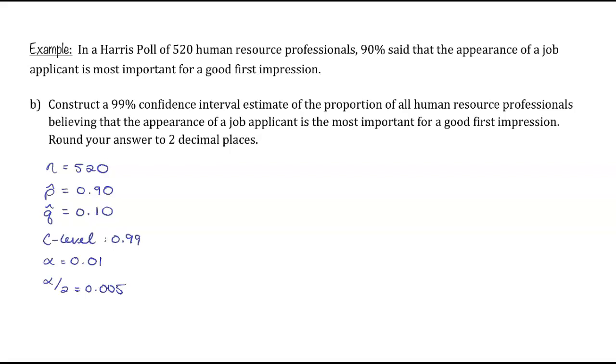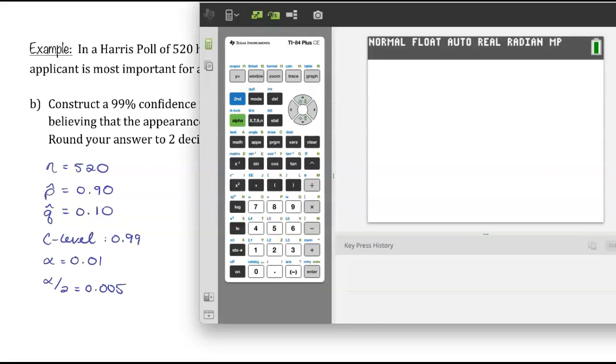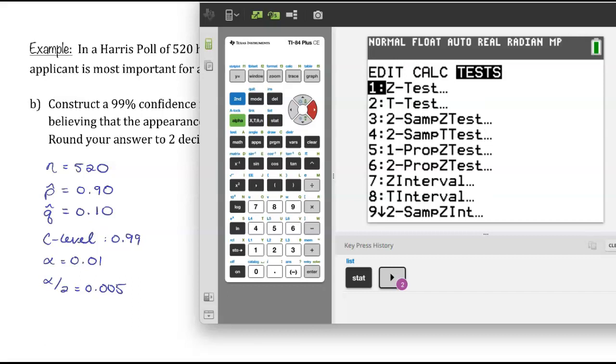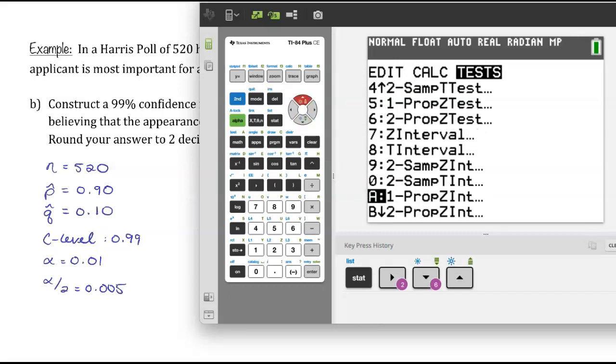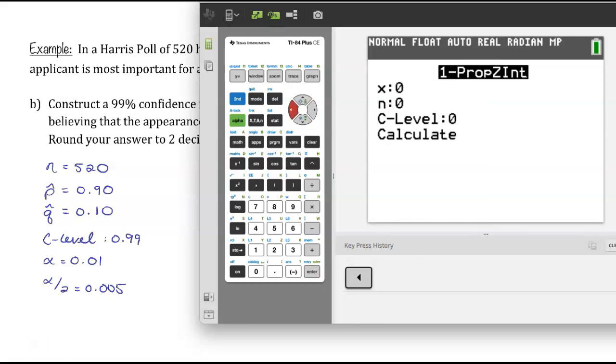This time, let's use our calculators to construct this confidence interval. To locate the 1PropZInt function, we first go into the Stat menu and toggle over to Tests. Then scroll down to option A, 1PropZInt. Be careful to notice that the X value is the number of people, not the sample proportion.